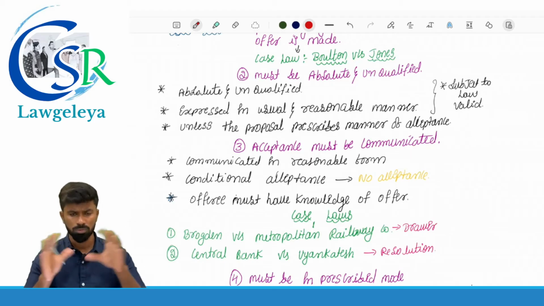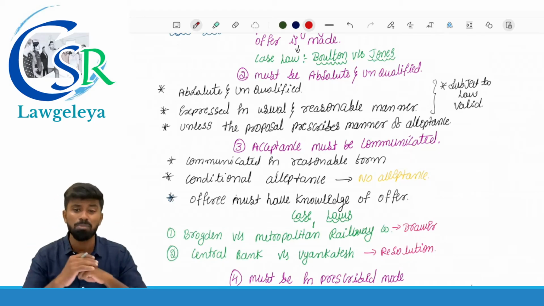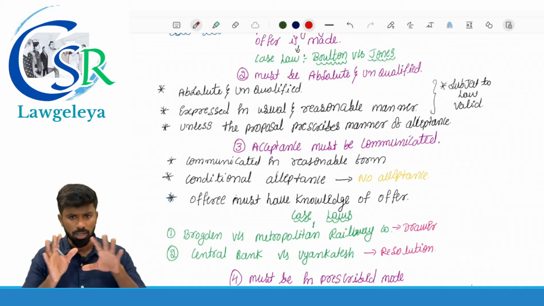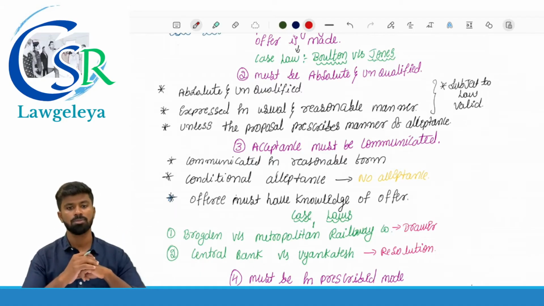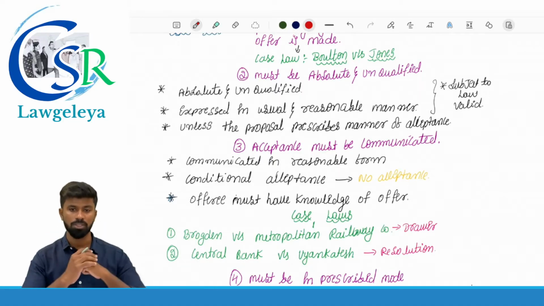Hence, as in the previous transaction, in that manner. Usual or reasonable manner, unless the proposal prescribes the what? Manner of acceptance. I repeat, the acceptance must be absolute and unqualified and should be expressed in the usual and reasonable manner, unless the proposal prescribes the manner of acceptance.